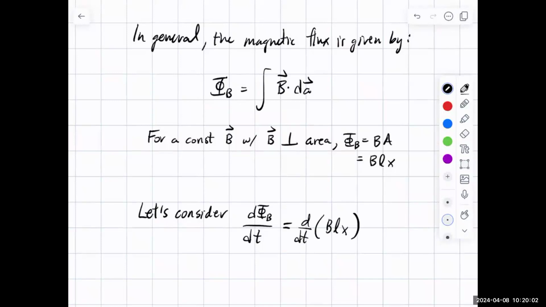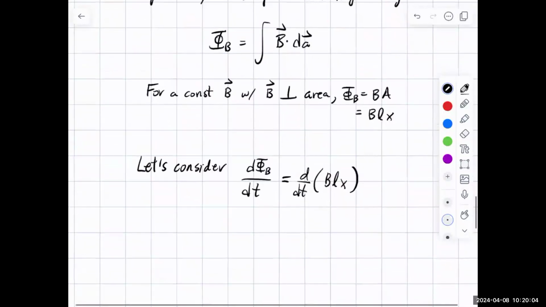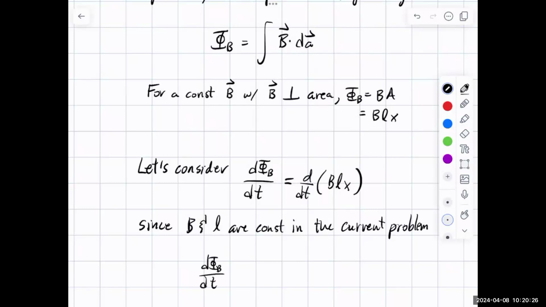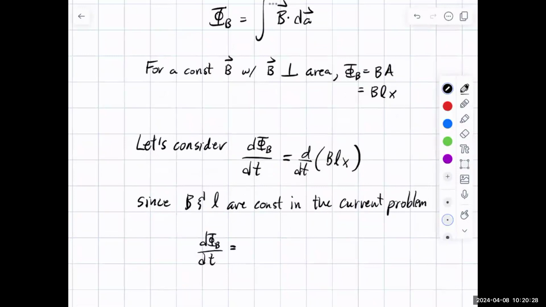And so they don't have any effect on the derivative at all. So we say since B and L are constant in the problem that we're working on, we get that the derivative of the magnetic flux with respect to time is equal to BL dx dt.